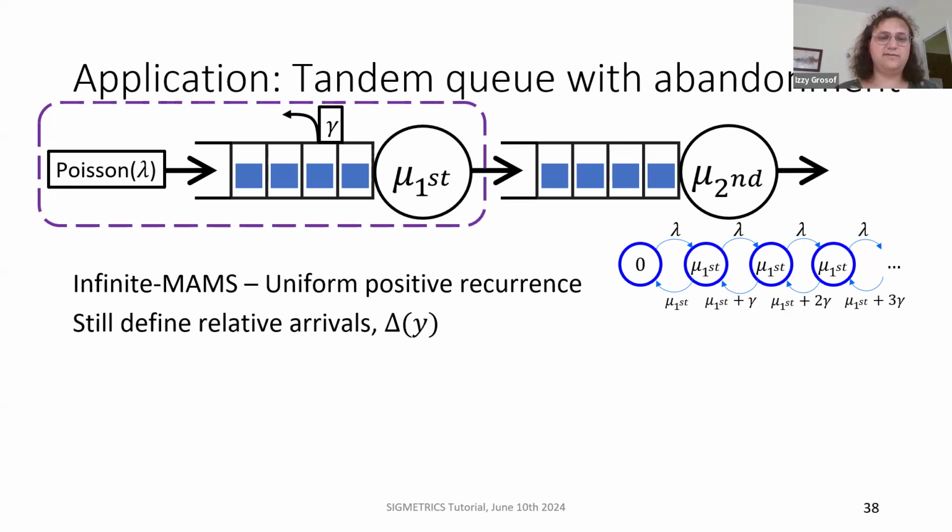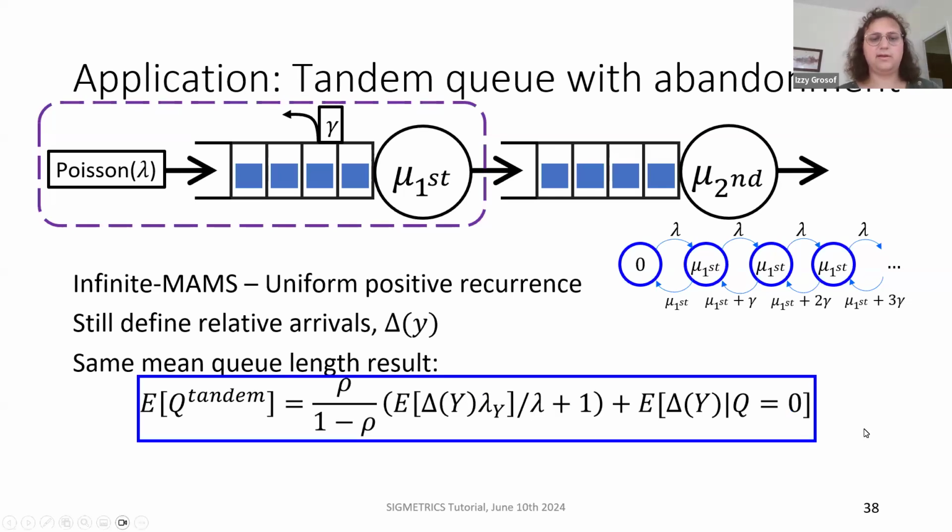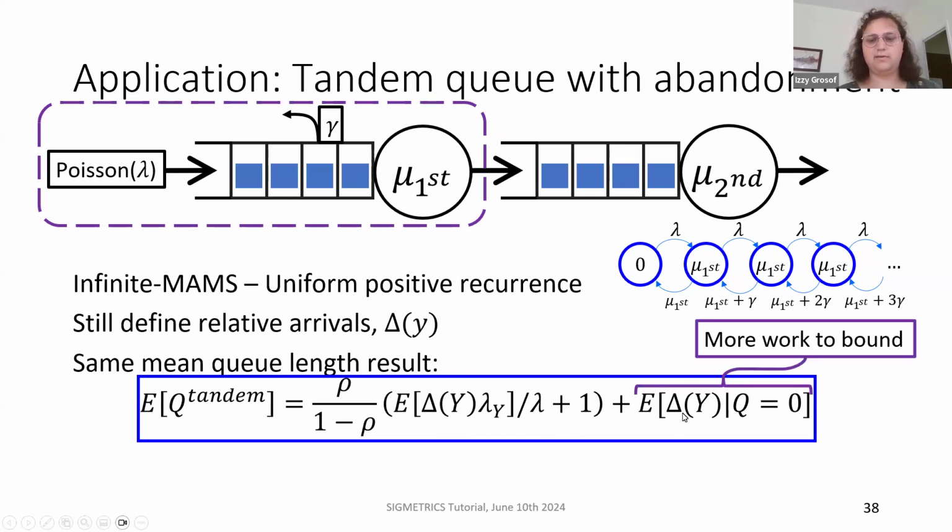And so we can still define the relative arrival function of each of these states. It'll be a different value here, and here, and here, and at every single state. And we can still get the same mean queue length, which looks like this. The mean queue length of the tandem queue is just the same formula as before. Now it's a little more work to bound this delta y given q equals 0.